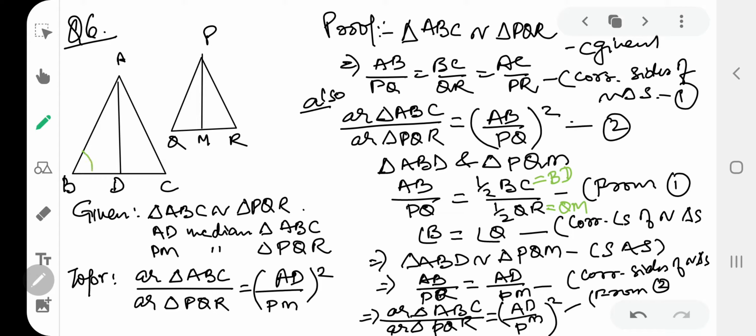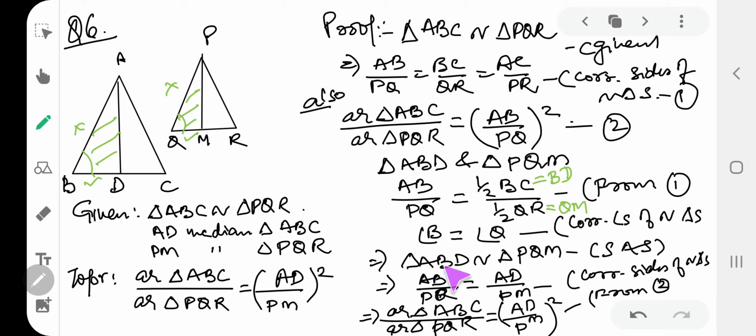And this angle B is equal to angle Q, as they are the angles of similar triangles. So in these two small triangles, you have seen the ratio of two sides AB and PQ, BD by QM, they are equal, and the angle between these two sides, angle B and angle Q, are equal.